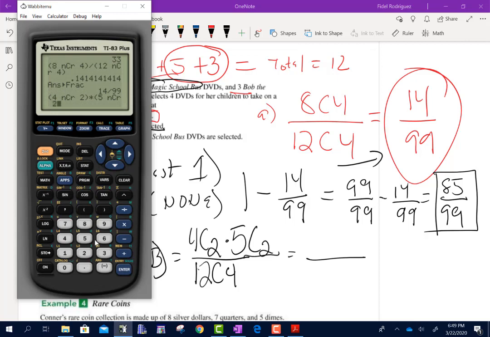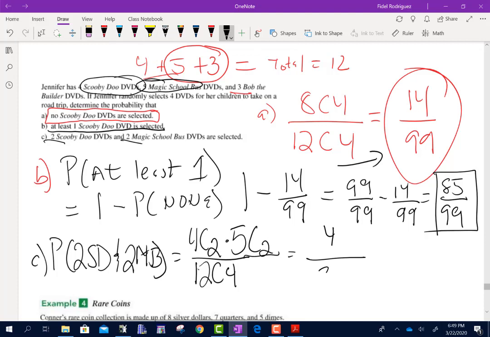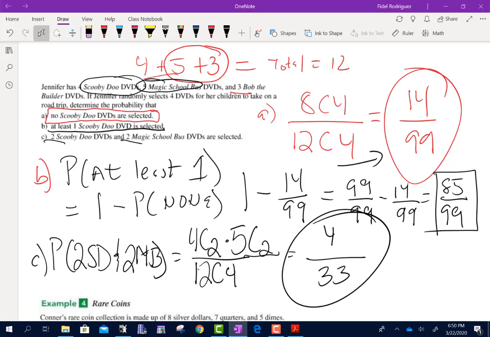I'm going to choose 2 of those, divided by, parentheses again, 12, math, probability, choose a total of 4. Enter. And again, I'm going to go one more time, guys, math to get my fraction button. There we go. And here's my answer, 4 out of 33. So there is my answer for 2 Scooby-Doo DVDs and 2 Magic Bus.